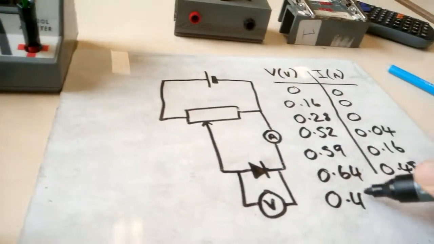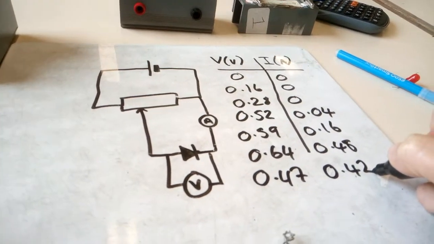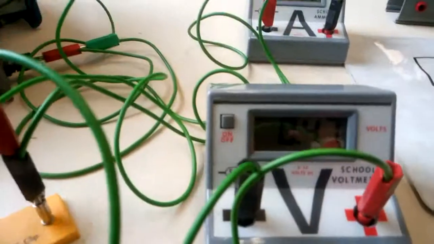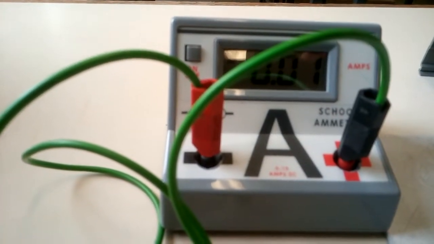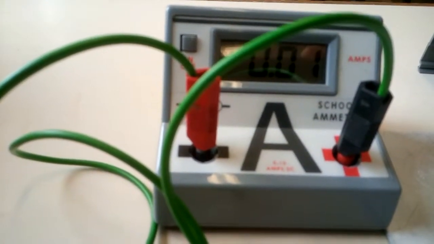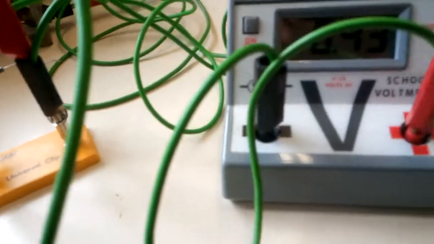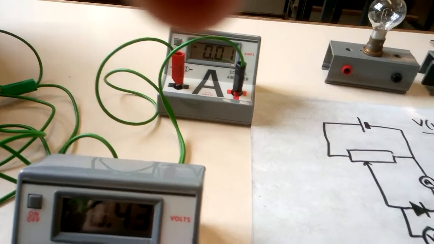And I'm going to see whether I can decrease the potential difference a bit more till we get a definite 0.01. So that's at 0.43. I've got it to be 0.01.